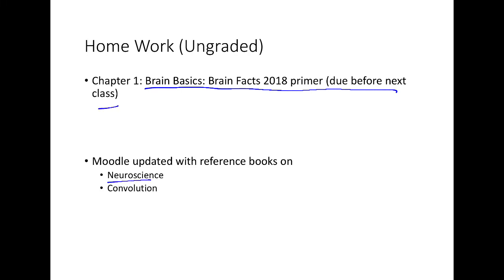There's a book by Kandel on principles of neuroscience. That's a very good book, very thorough. It's a huge book, and you can go through whatever chapters you feel like. It's quite comprehensive. It starts with cellular biology all the way to brain mapping as well. It looks at various systems. And I also posted a reference on convolution in LTI systems. You can look at that on Moodle.